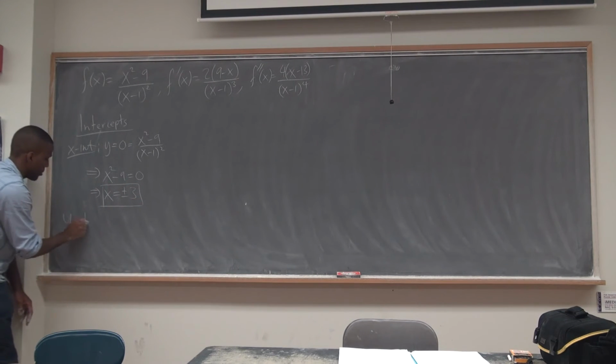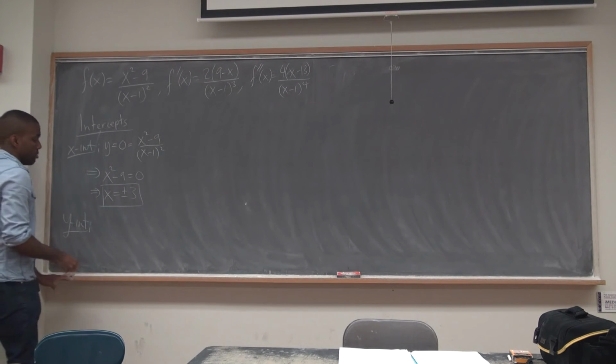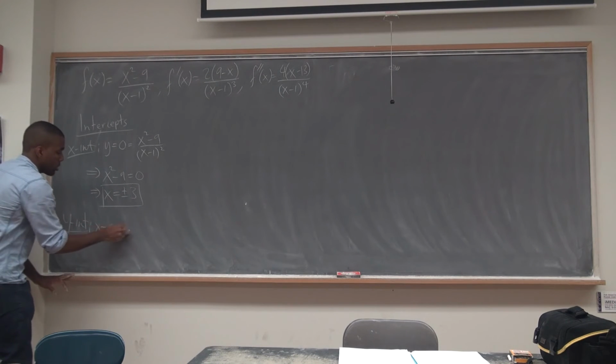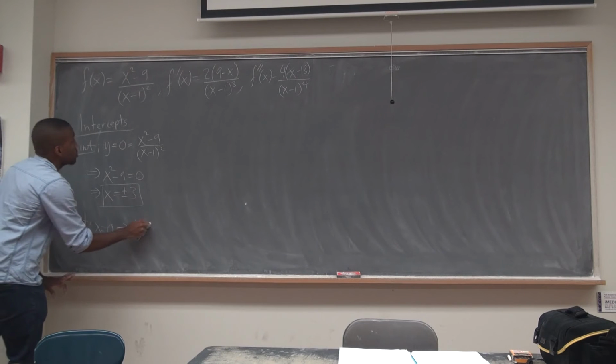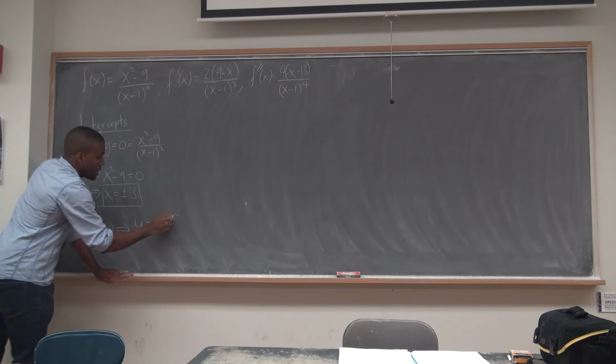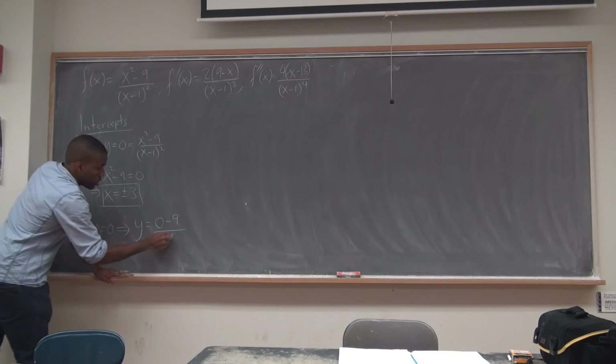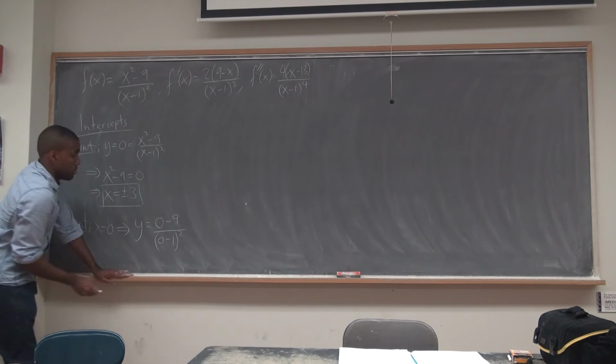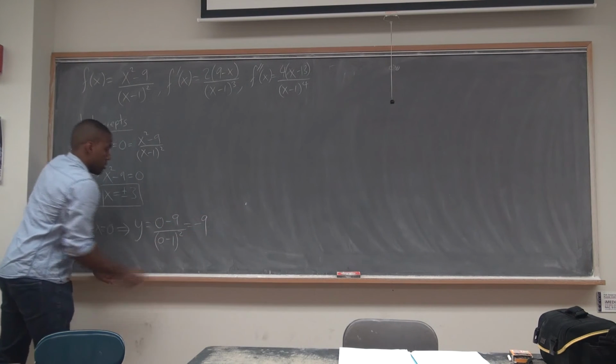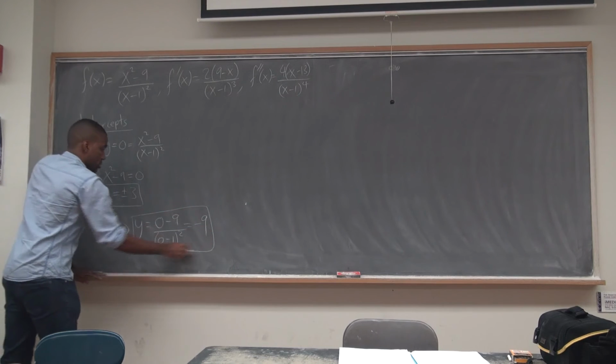Y-intercept. That means x equals 0, which means your y is going to be 0 minus 9 over 0 minus 1 squared. So it's minus 9 is the y-intercept.